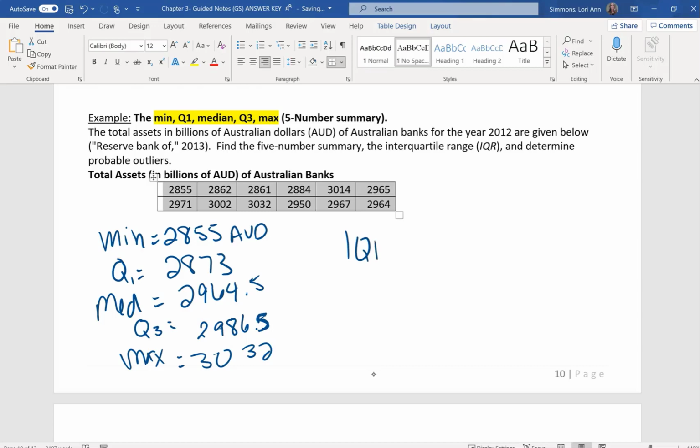So if you wanted to do the IQR by hand, you could have just taken Q3 minus Q1. Okay, and 113.5. Outliers, again, you could have done these by hand.